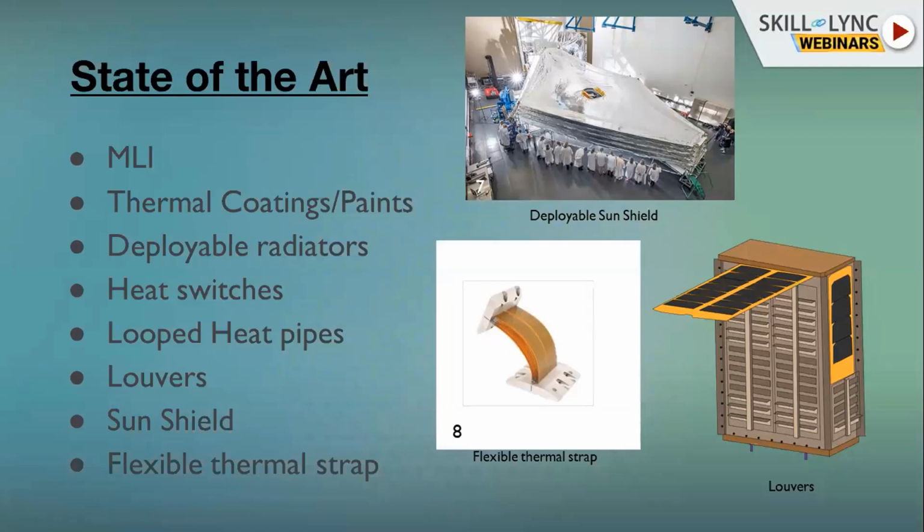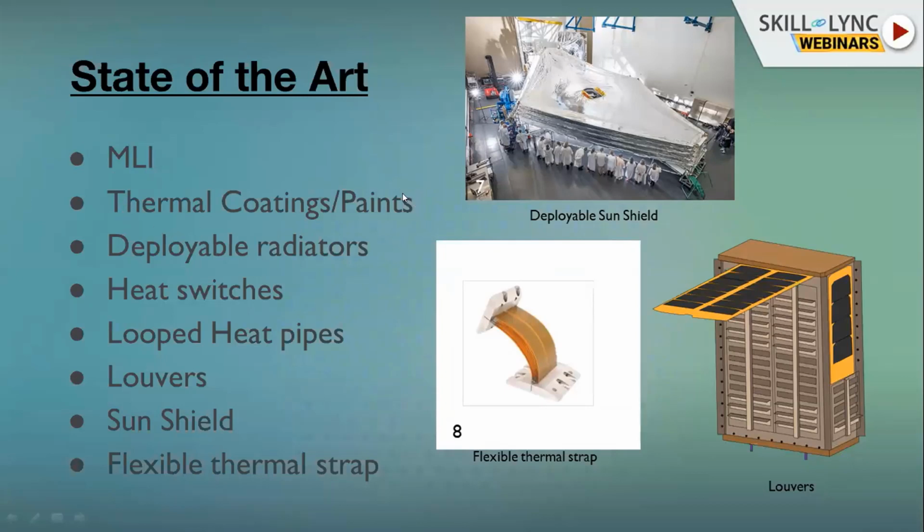TRL1 means basic principles are observed and reported. And TRL9 means the actual system is flight proven and has done successful mission operations. So the multi-layer insulation is already at TRL level 9, which means it is already a very mature technology.